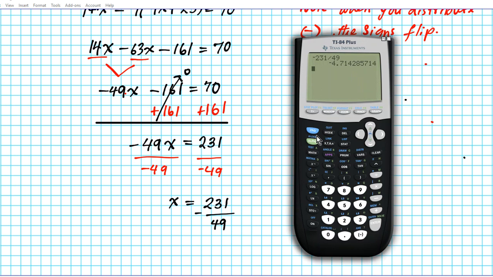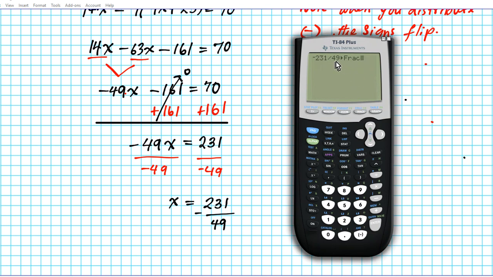Now, if you want to see what the fractional equivalent is, if it's the same as this or a simplified form, you enter what you want to compute: negative 231 divided by 49, and then you press the math button, and then you see arrow fraction means convert to fractions. Okay, press enter.